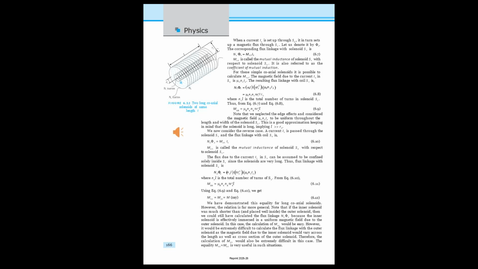However, it would be extremely difficult to calculate the flux linkage with the outer solenoid as the magnetic field due to the inner solenoid would vary across the length as well as cross-section of the outer solenoid. Therefore, the calculation of M21 would also be extremely difficult in this case. The equality M12 is equal to M21 is very much useful in such situations.